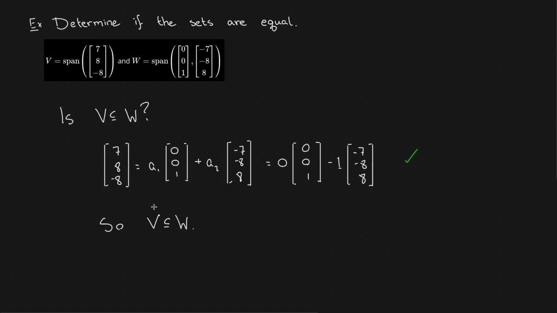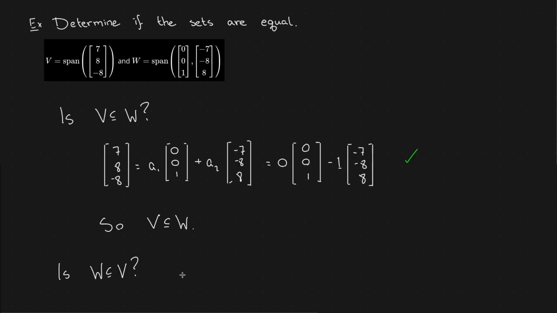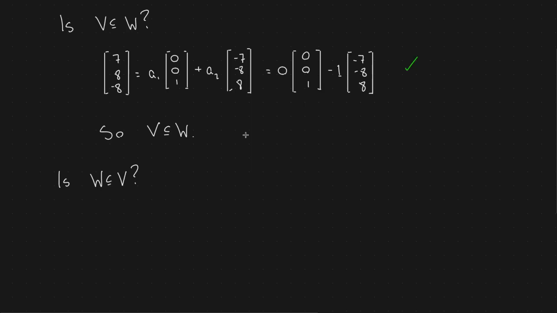Okay, let's go the other way. Is W a subset of V? So to check if W is a subset of V, we need to check if each one of these vectors in the spanning set of W can be expressed as a linear combination of this vector, if it's in the span of V. Okay? So let's start with the second vector. Negative 7, negative 8, 8.